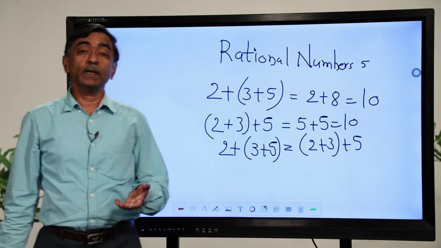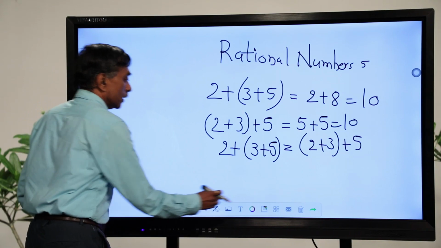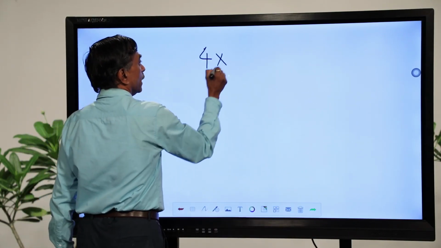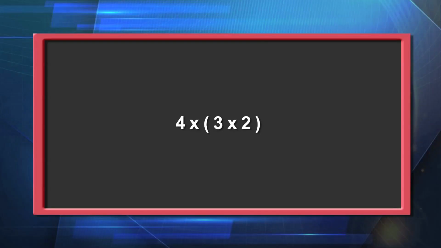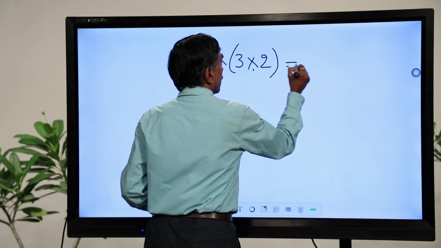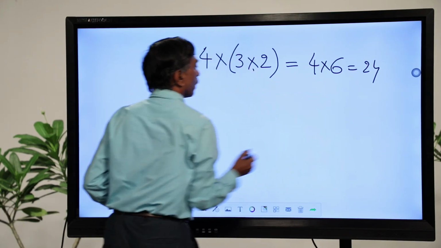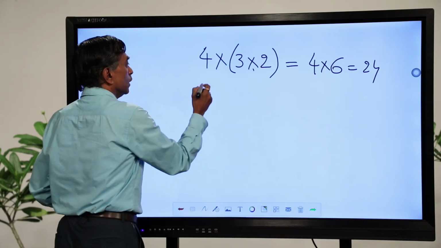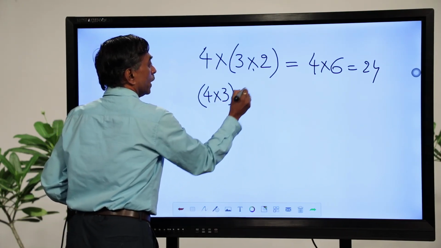It looks quite simple when addition is involved, and a similar thing can happen for multiplication as well. Suppose I say 4 multiplied by (3 multiplied by 2). What do I do here? I first combine these under the operation of multiplication, and I get 4 multiplied by 6, which is 24. Now I shift this bracket, that is, I combine the other two elements: (4 into 3) multiplied by 2.